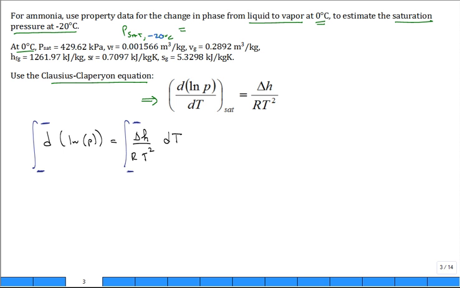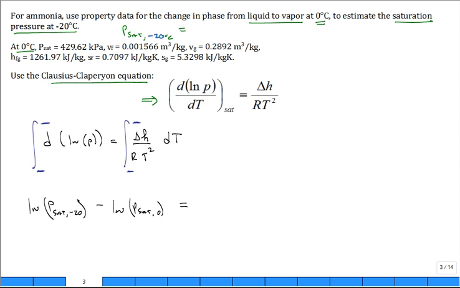The left-hand side is easy. We get the natural log of the saturation pressure at the end. Let's say I'm going to end at -20, minus the natural log of the saturation pressure at the beginning. I start at 0 degrees C. Hopefully that made sense, how we treated the left-hand side.